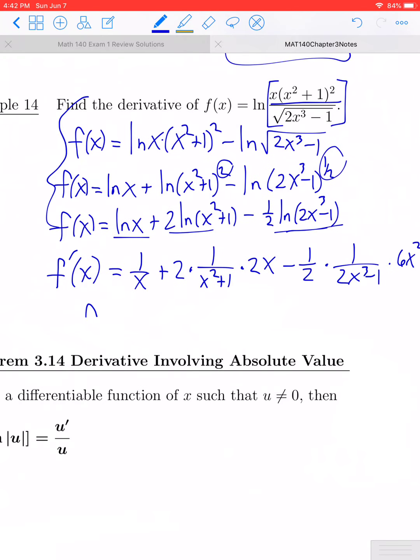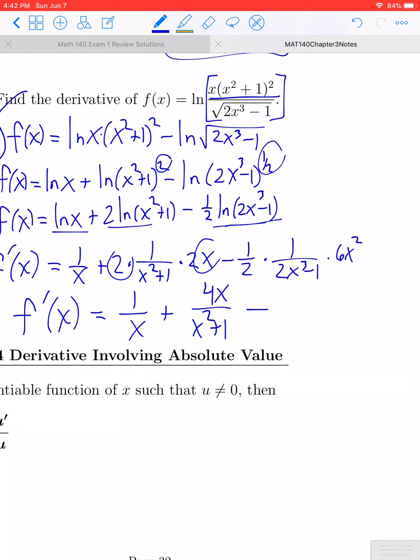Now let's do a little bit of simplifying. F prime of x is going to be equal to 1 over x plus these two multiplied to give us 4x over x squared plus 1, minus this 2 and that 6 will make a 3.